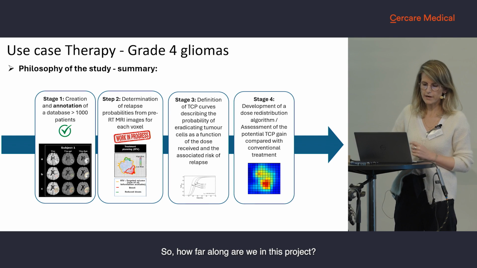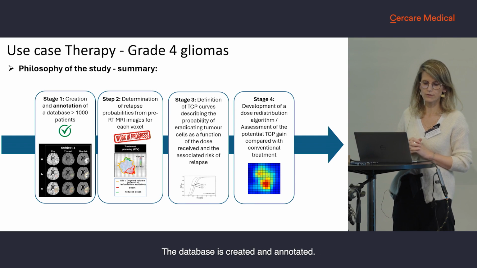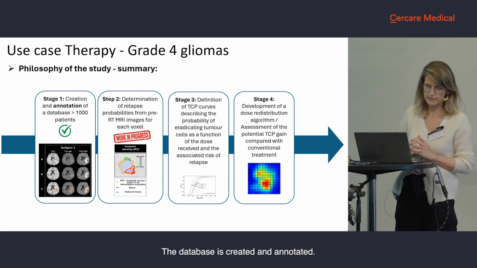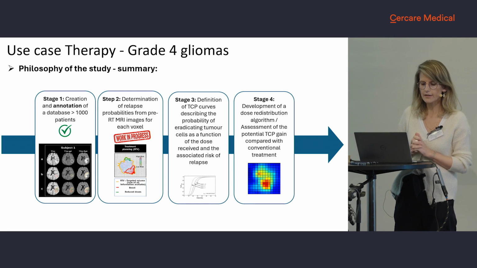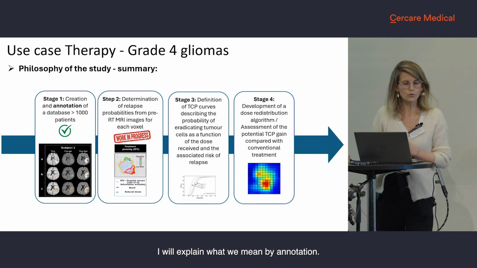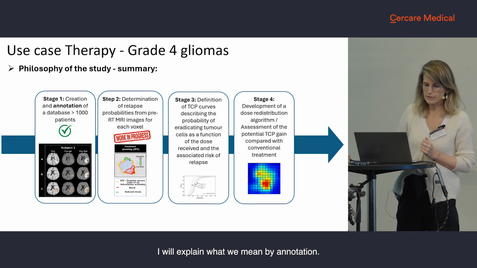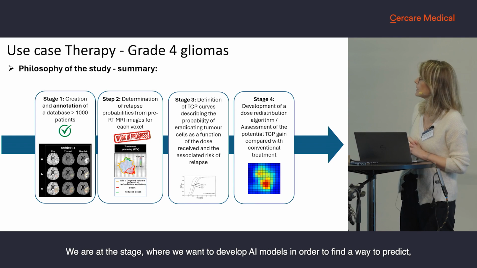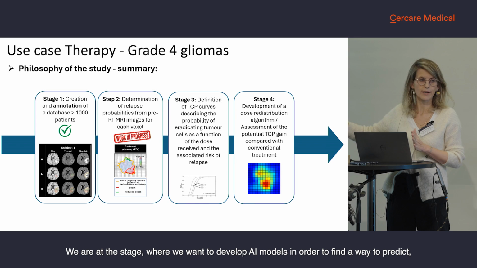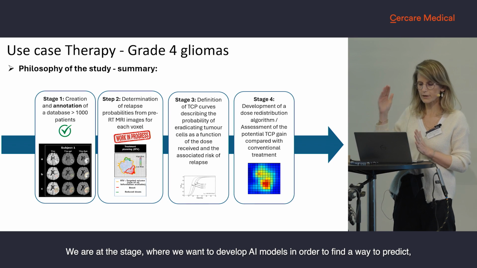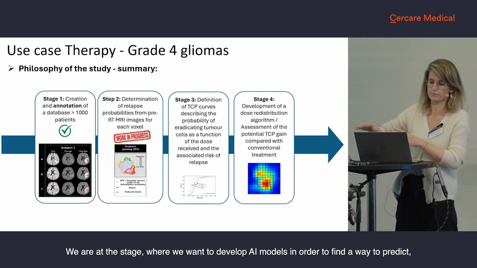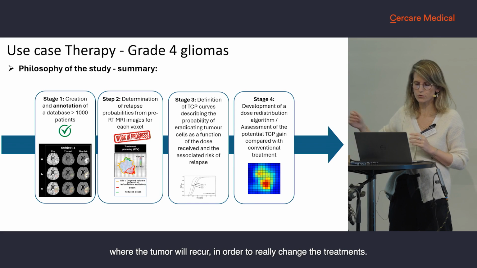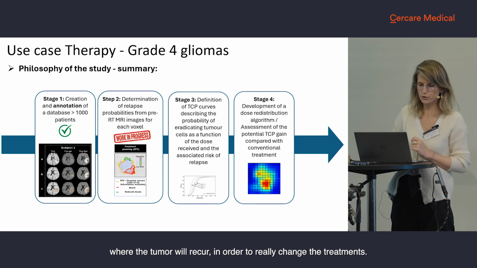So where we are in this project: the database is created, is annotated, and I will explain what we mean by annotations. And we are at this stage in which we want to develop AI models to find a way to predict where the tumor will recur in order really to change the treatment.